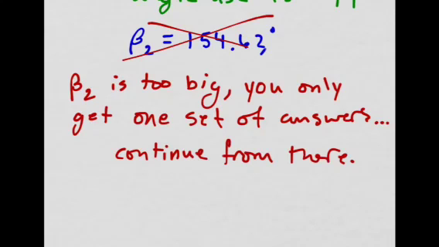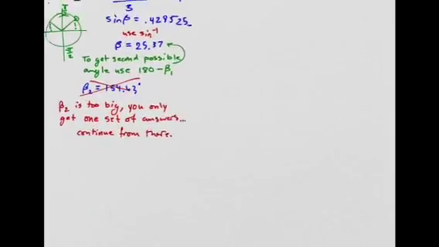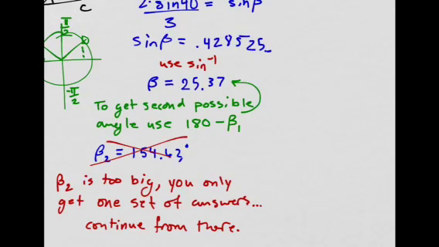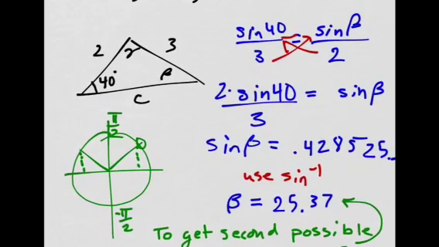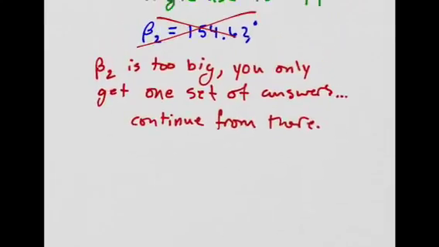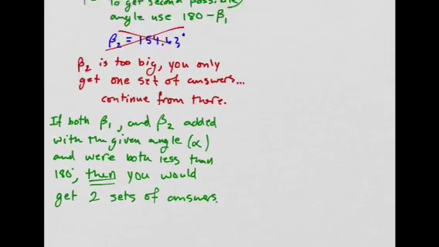It'll take too long. Okay, so what about a problem that does have two angles for sure? What would happen? Well, you would get beta 1, and you would also get beta 2, and you would check it with the existing angle, and if they both add up to something that's less than 180 degrees, then they're both valid answers. So you get two sets of answers. I'm going to write that down. The given angle in this case was alpha.